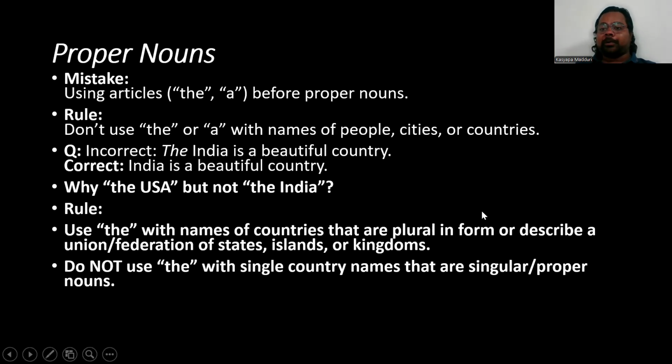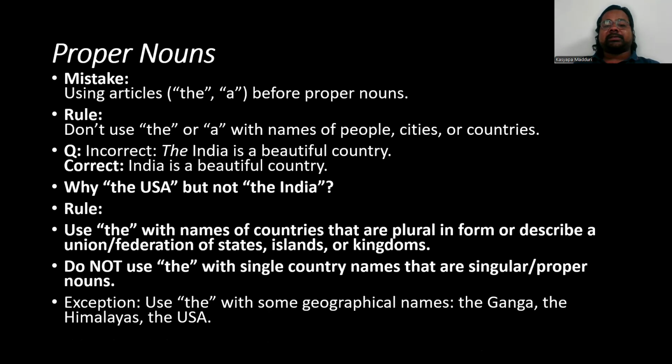India is a proper noun. United States is a common noun. That is why it is not the India, it is India, and it is the United States. It is not just United States. I hope I answered the question for you. I think anyone who has seen that movie would have this same doubt, and I hope I cleared it today.